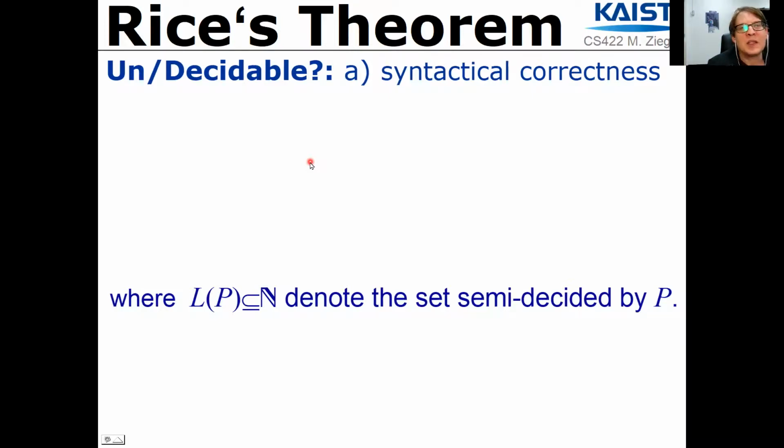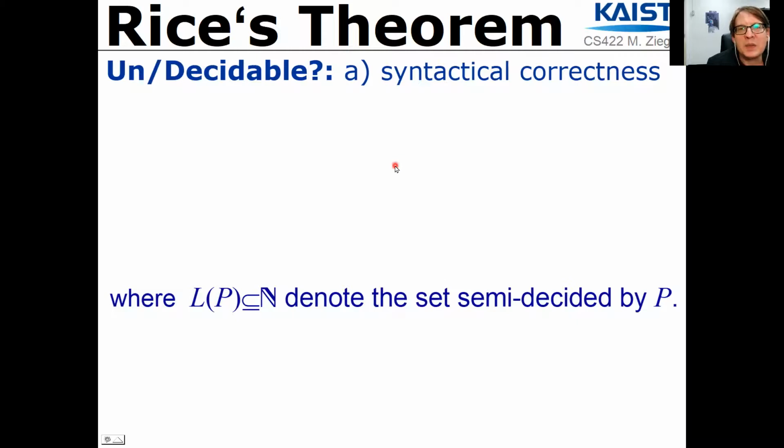So it's a generalization kind of the undecidability of the halting problem to really ask the question of, you can ask basically any question about correctness of programs to see whether this property is decidable or not.